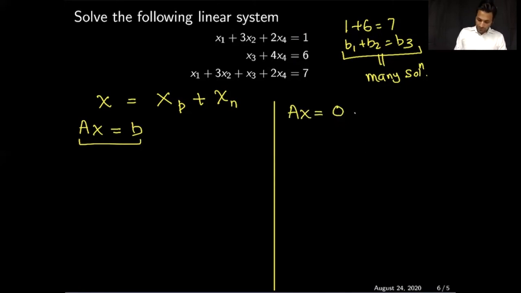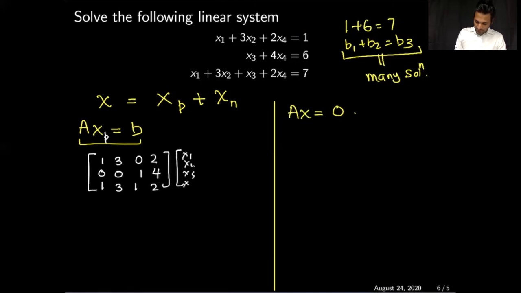I will show you first how to calculate the particular solution. To do that, first we write this linear system in matrix form: 1, 3, 0, 2; 0, 0, 1, 4; and 1, 3, 1, 2, times x1, x2, x3, x4, equal to 1, 6, 7.